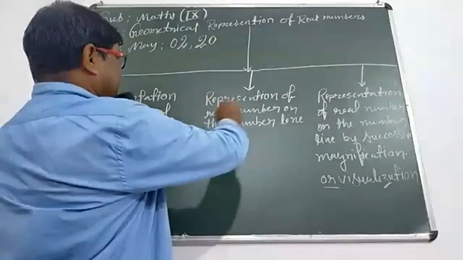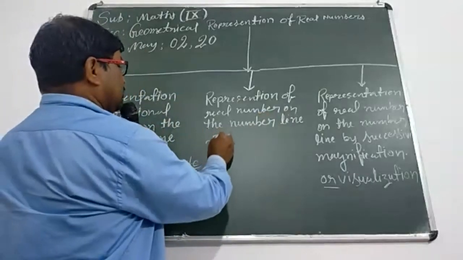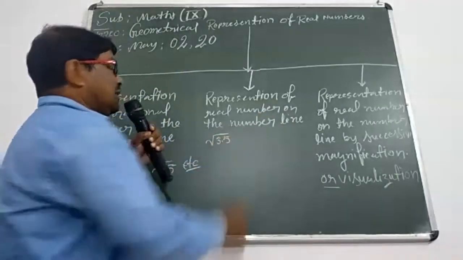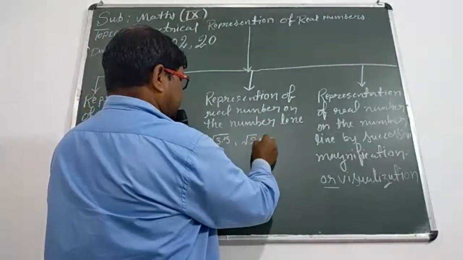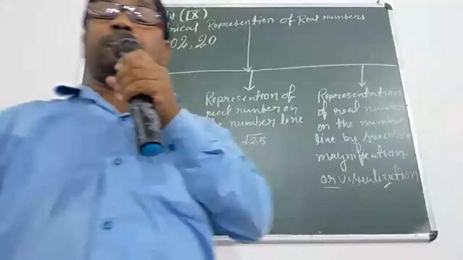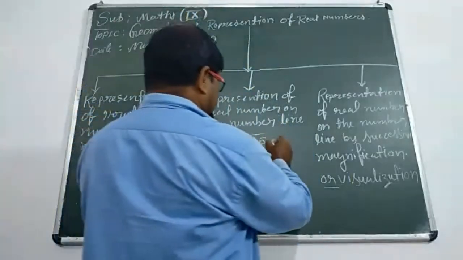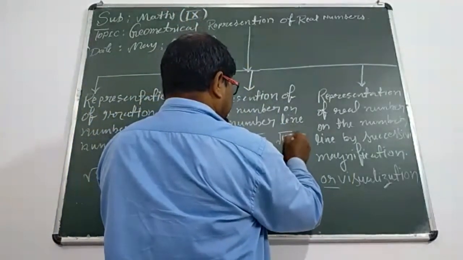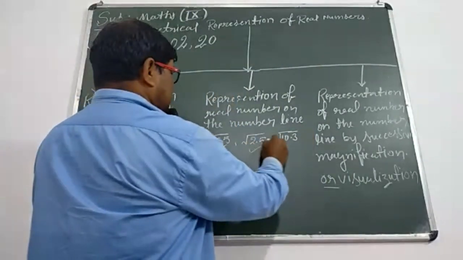Okay. Now representation of real number on the number line, which type of number?